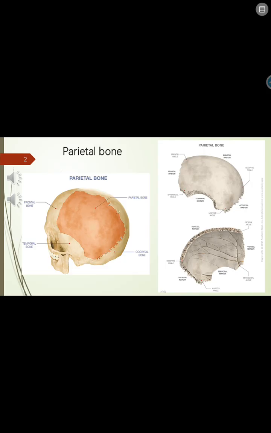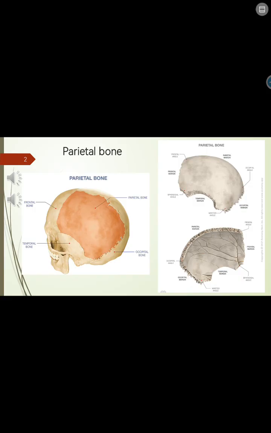In the left picture, we can see four borders of the parietal bone. The sagittal border articulates with the opposite parietal bone at the sagittal suture.